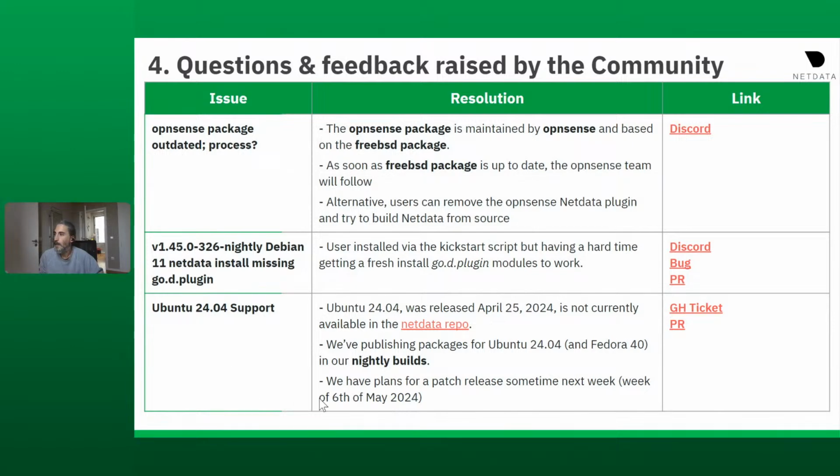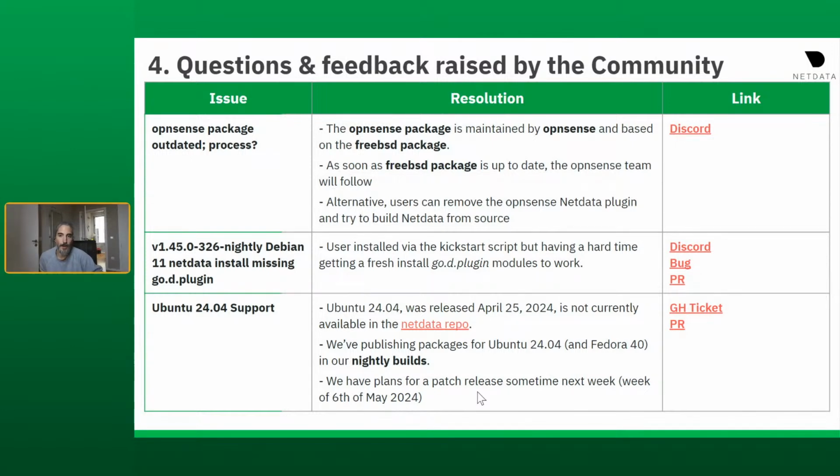145.0326. And another one was about Ubuntu 24.04 support. This Ubuntu version was released at the end of April, on the 25th of April, and it's not yet available on our Netdata repo. We did the release of the nightly builds, so the nightly builds are already available on that repo, and we are planning to do a patch release to launch a new stable version.